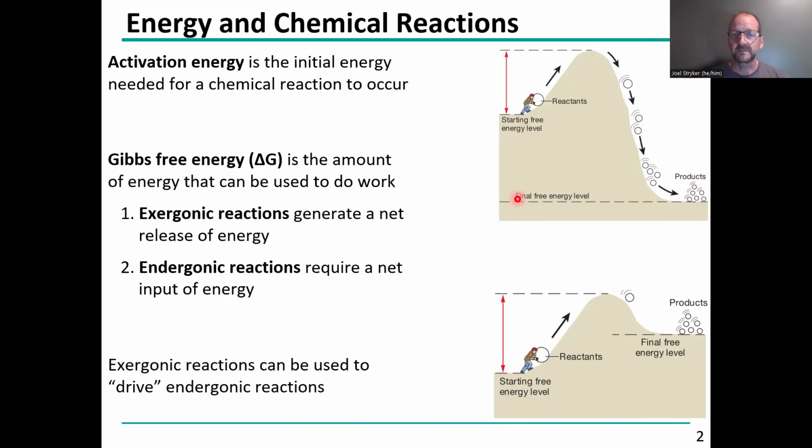Another example, this is not technically a chemical reaction. I've had a hard time thinking of a chemical reaction that most of you would be really aware of and have experience with. But state changes work very similarly in terms of the energetics.